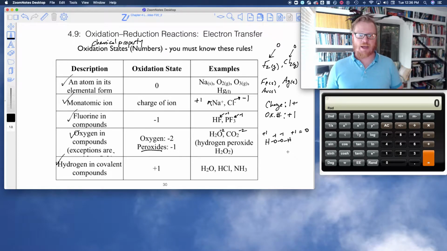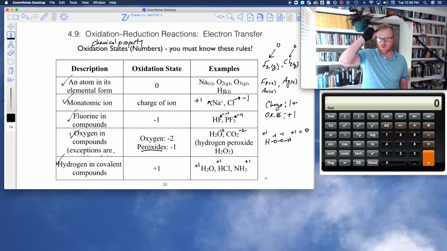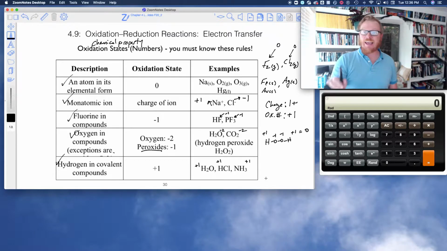And we'll see an example of that, okay? But on this hydrogen example, in H2O, each hydrogen is +1. In this HCl, each hydrogen is +1. And in this NH3, each hydrogen is +1. And keep in mind that the charge and the oxidation state sometimes are the same, okay?